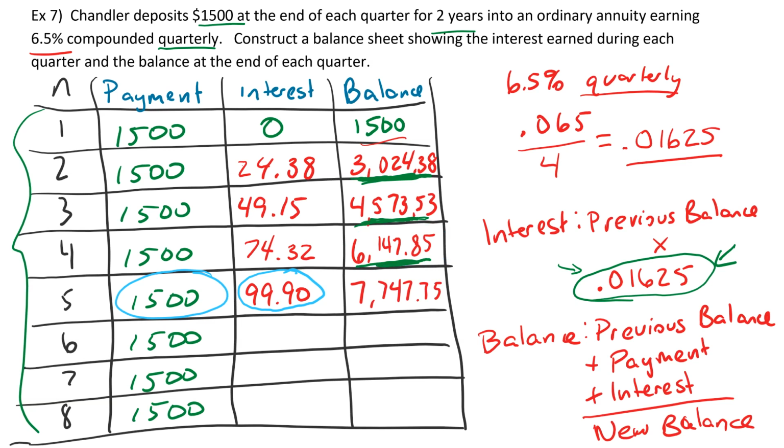We're going to do one more row, and then I'm going to let you do the last 2 on your own, and I'll give you the answers at the very end. So for row 6, we take the previous balance and multiply it by that decimal. When we do that, we get 125.90.